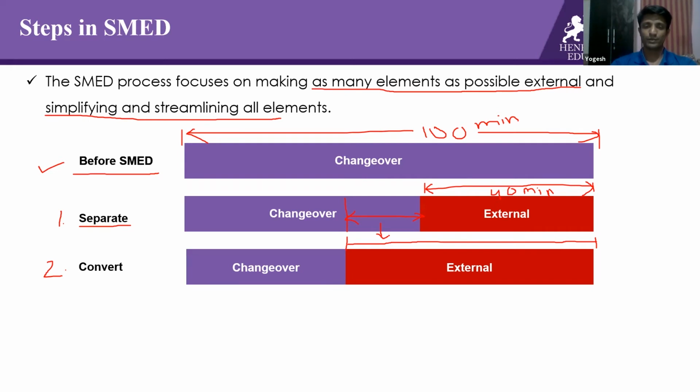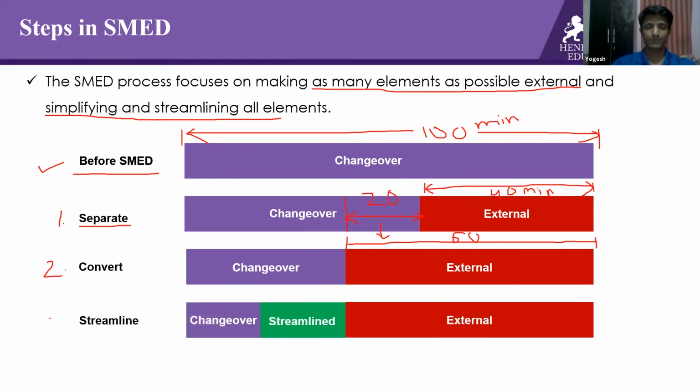We'll discuss that when we go to the actual practical study as well. So this is what is done in the second step. Now basically 60 minutes are saved, so 20 minutes more saved here, roughly.